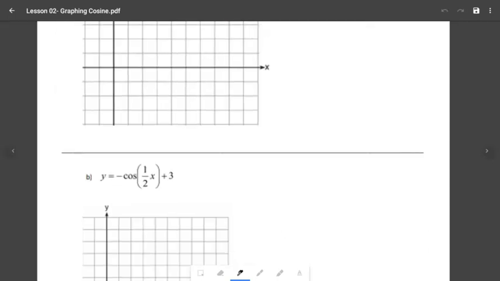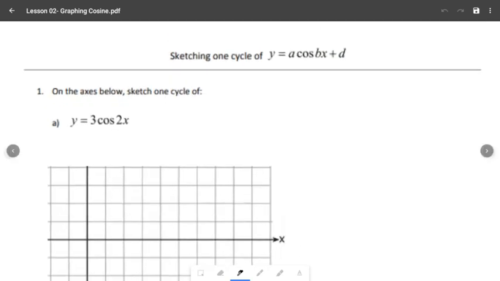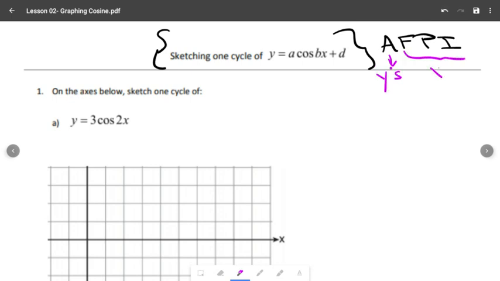So if we look on the next side here, we are going to sketch one cycle of cosine. And again, notice the C piece is missing. We're not going to be graphing with that phase shift. Sketching, we are still going to follow A and FPI that I used for sine. The A, remember, gets you your y's, whereas the FPI gets you your x's.